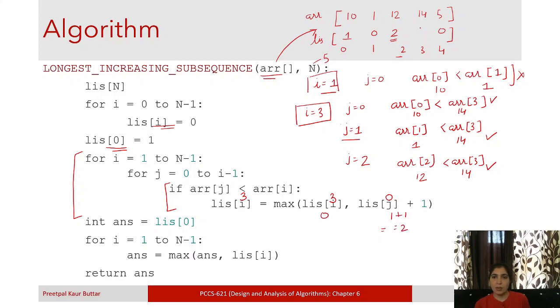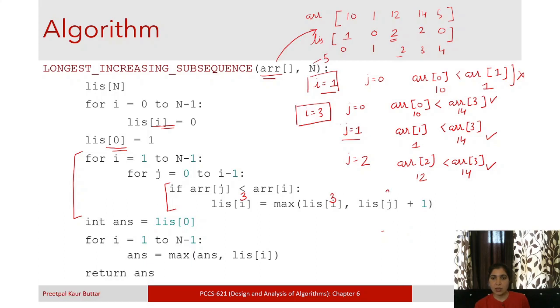It will become 2. Then when j is 1, LIS3 is 2 and LISJ, that is LIS1 is 0. 0 plus 1 is 1. So again we will not change it, right? Then we move to the next iteration.